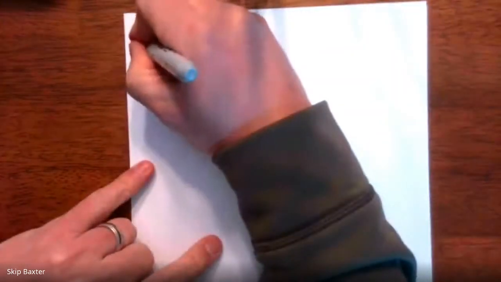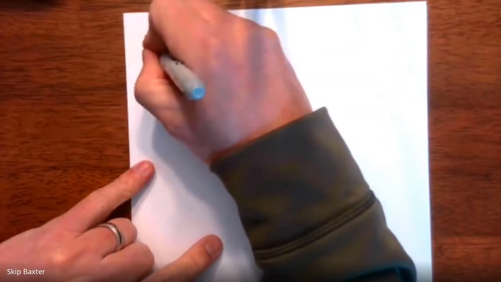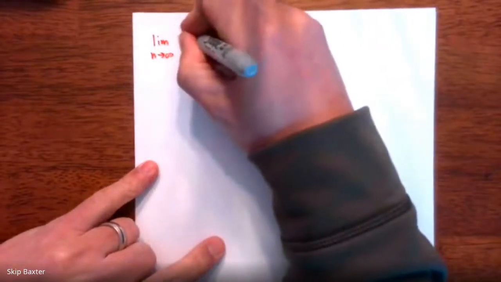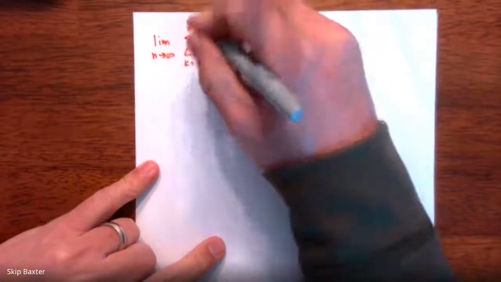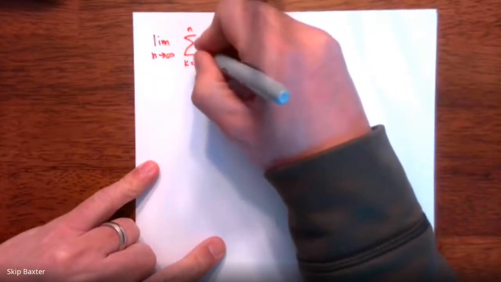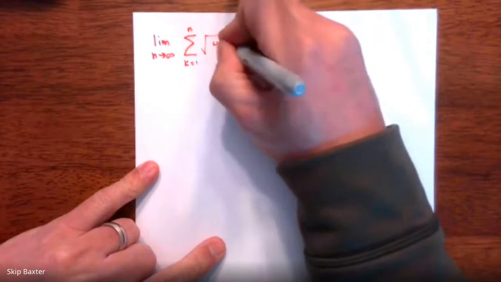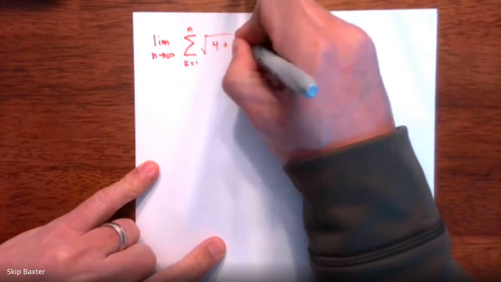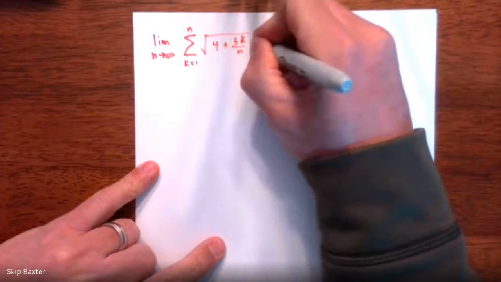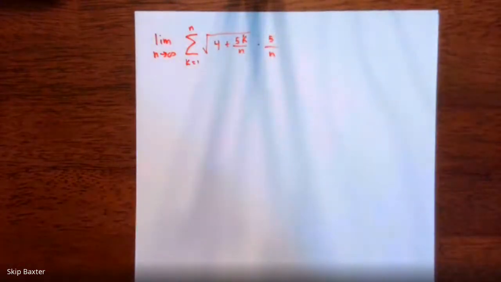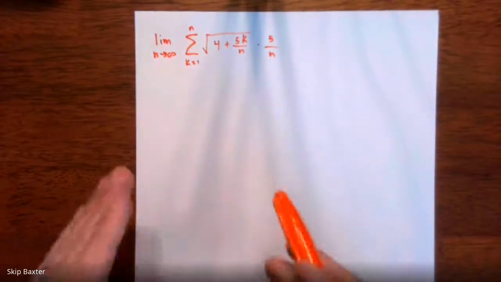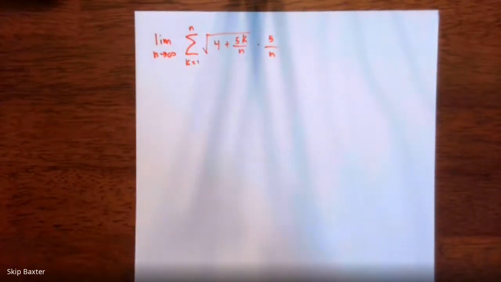For example, suppose I had the limit as n goes to infinity of the summation k equals 1 to n of square root of 4 plus 5k over n times 5 over n. Something like that. And they say write this as a definite integral.